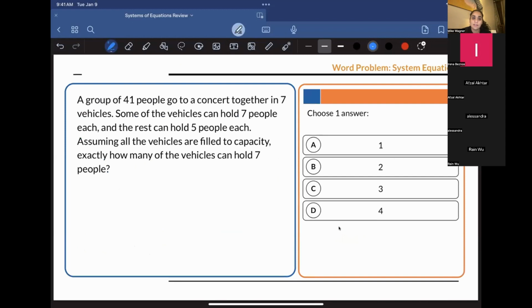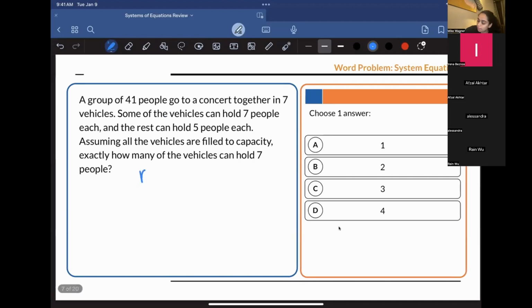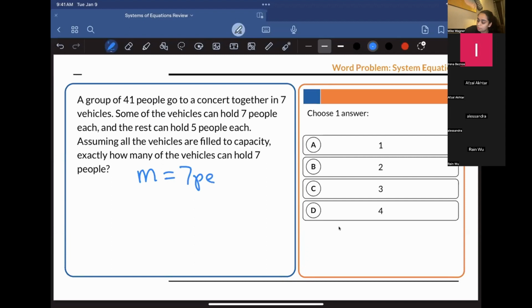Now we have 41 people going to a concert in either cars that can hold 7 people or cars that can hold 5. I like to make M equals 7 people for like a minivan is what I'm thinking in my head. Okay. The pen is having fun with me today. M is 7. And then S, like a sedan or a car, holds 5.